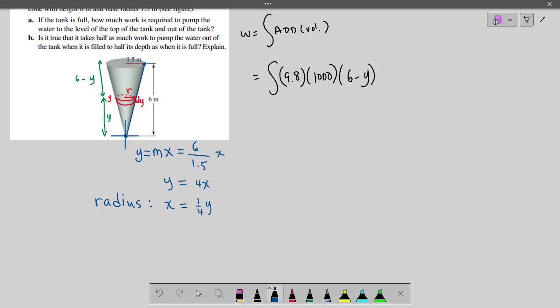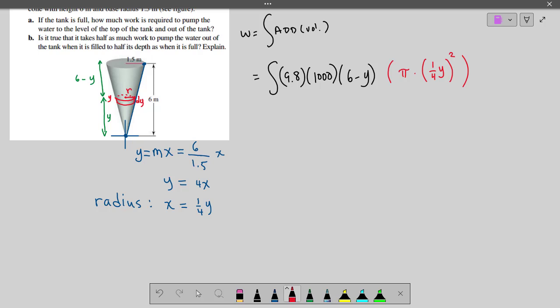So that's measuring the radius at a height of y. That's what goes in right here. So pi times the radius squared. So that is the area of the cross section at y.